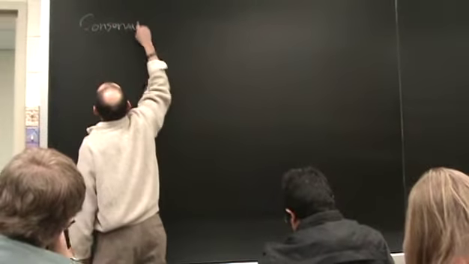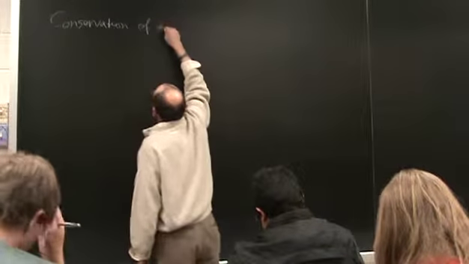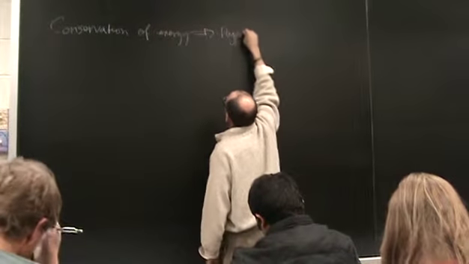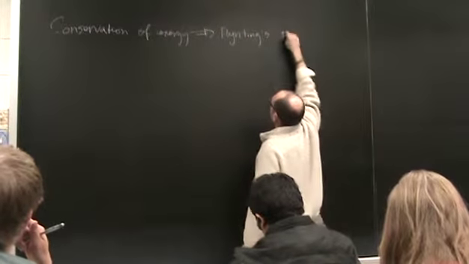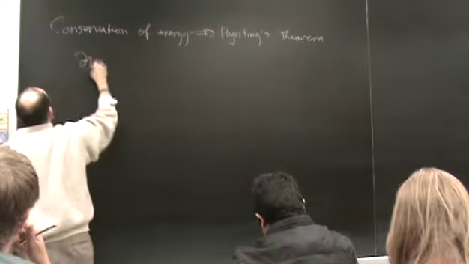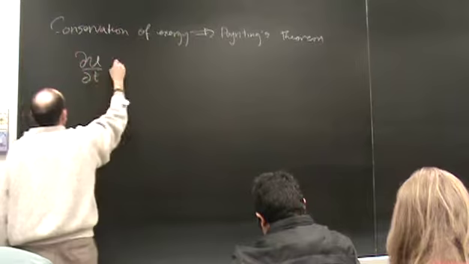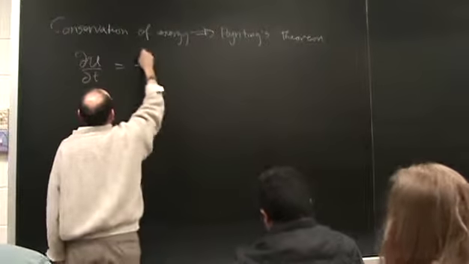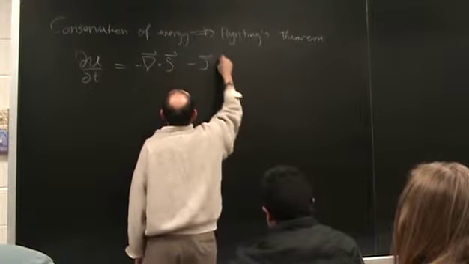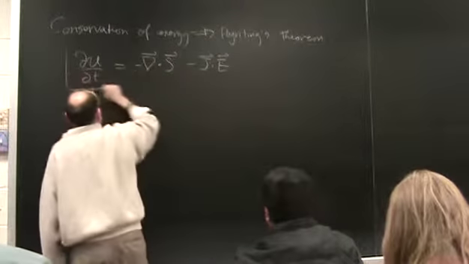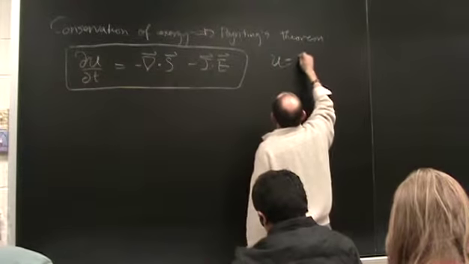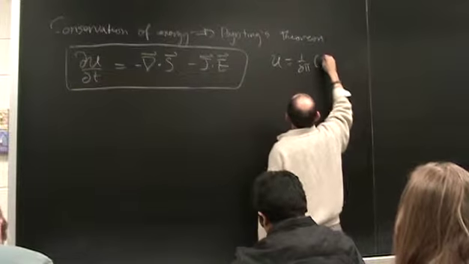Conservation of energy is known in electromagnetism as Poynting's theorem. And Poynting's theorem says that the rate of change of the total electromagnetic energy is equal to minus the divergence of the Poynting vector minus J dot E. Where u is 1 over 8 pi E squared plus B squared.